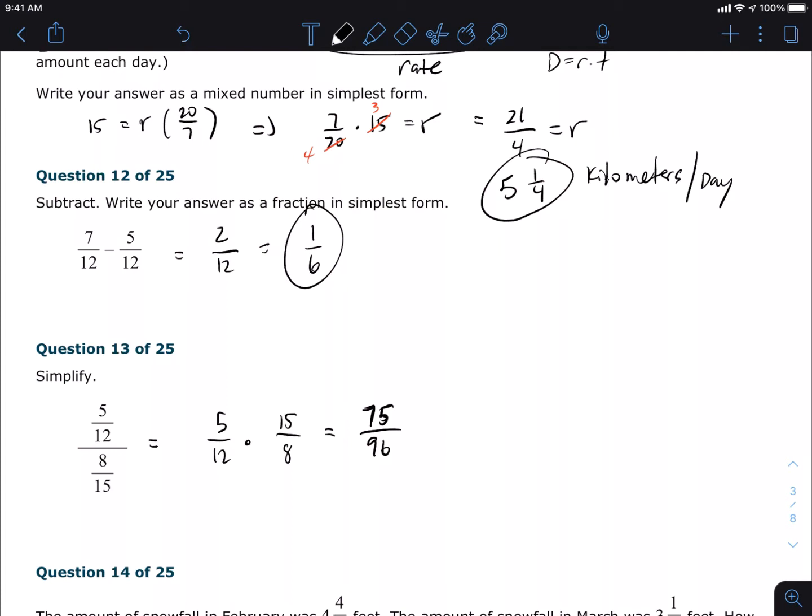I think 3 goes into both. So 3 times 25 is 75, and then 3 times 32 is 96. So there's that one.